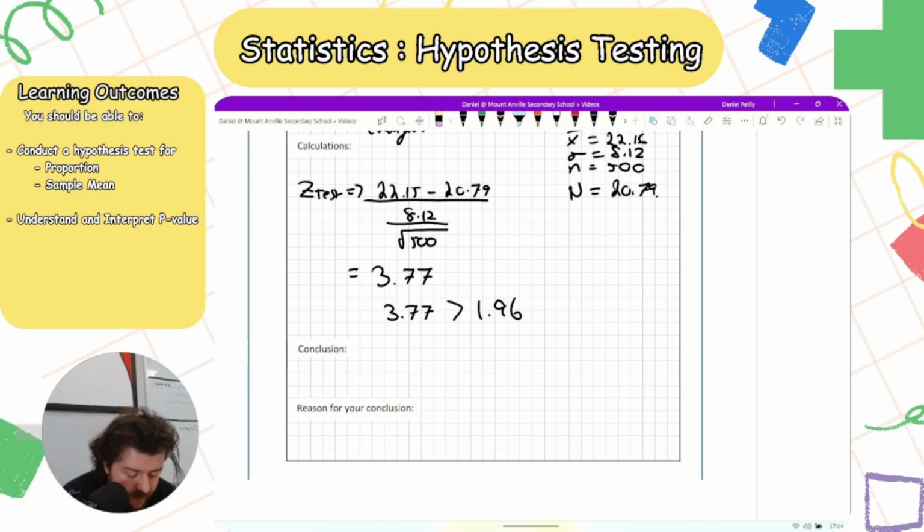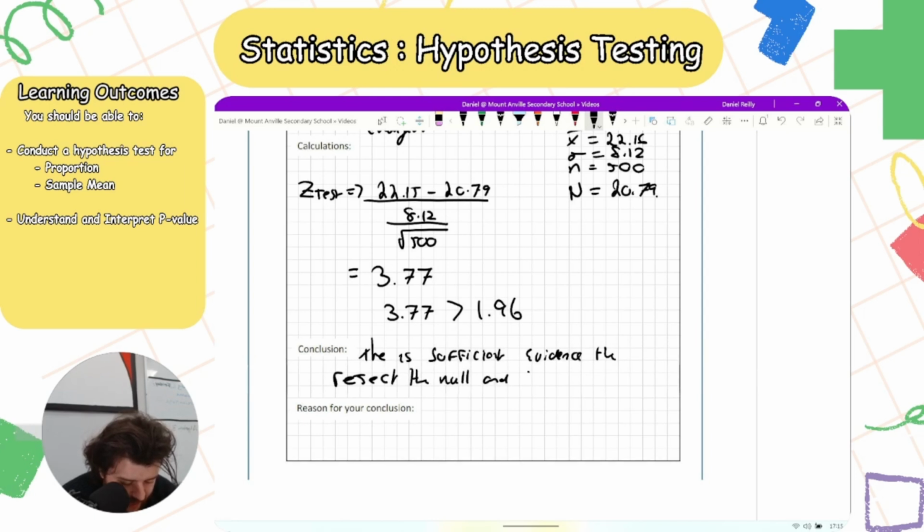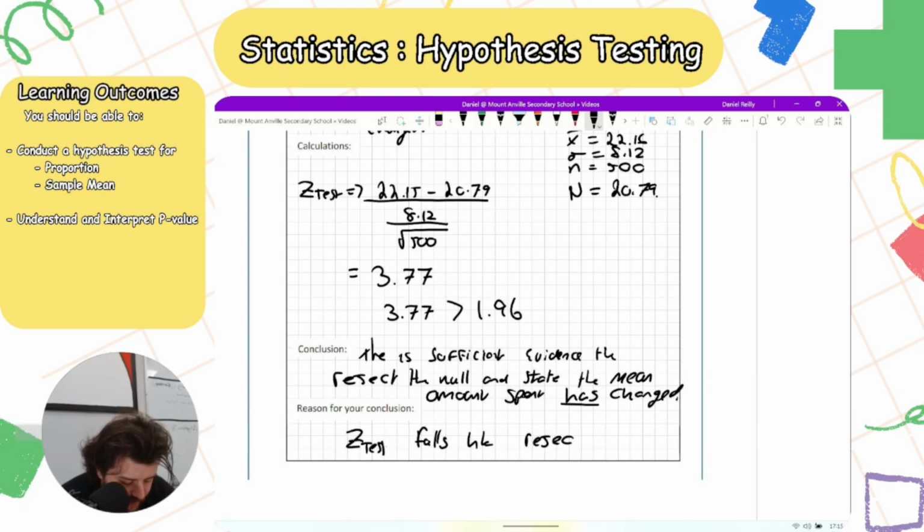There is sufficient evidence to reject the null and state the mean amount spent has changed. Reason for your conclusion, z-test falls into rejection region.